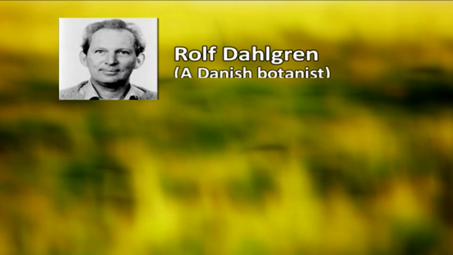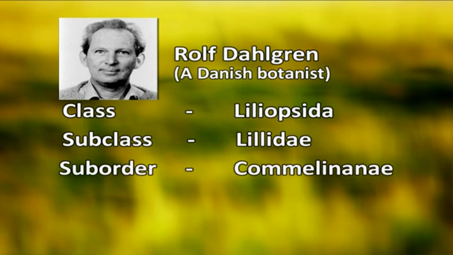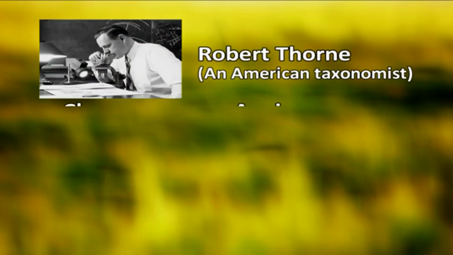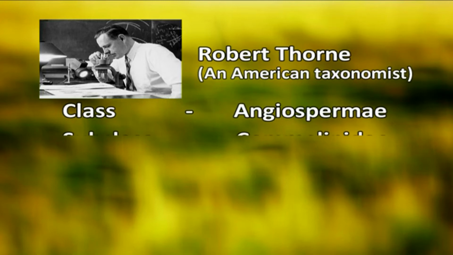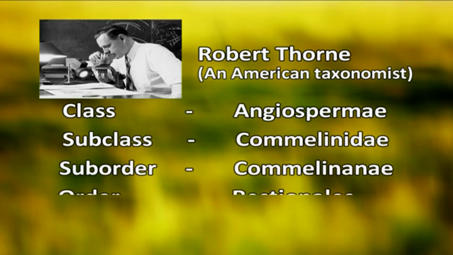Dahlgren, a Danish botanist, ranked this Poaceae family at the class Liliopsida and subclass Liliidae, superorder Commelinanae, and the order Poales. Robert Thorne recently ranked it at the class Angiospermae, subclass Commelinidae, superorder Commelinanae, and the order Poales.